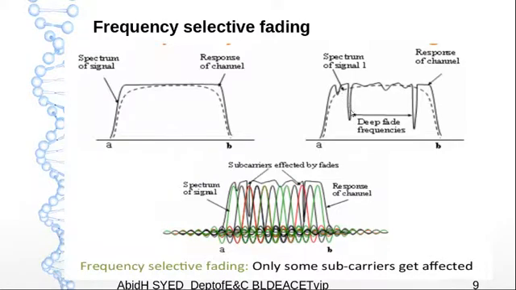Say for example here, it is affecting a particular subcarrier, not all. So the subcarrier concept of carrying data in OFDM helps in nulling or minimizing the effect of fading.